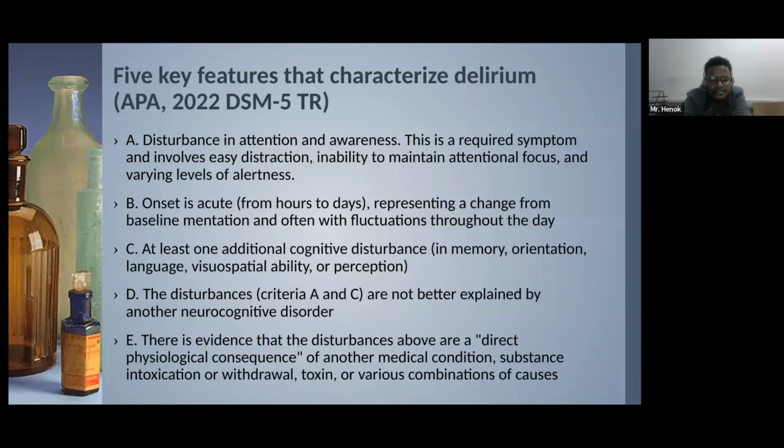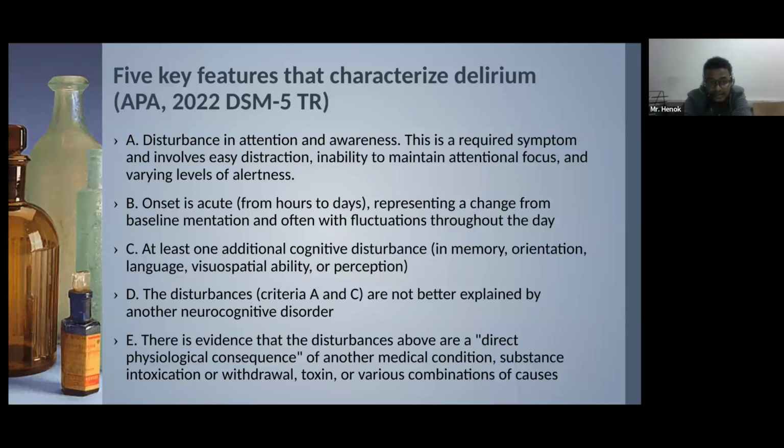The third key feature is there should be at least one additional cognitive disturbance. It could be a disturbance in memory, orientation, language, visual spatial ability, or perception.